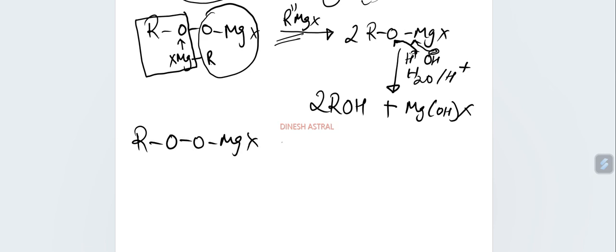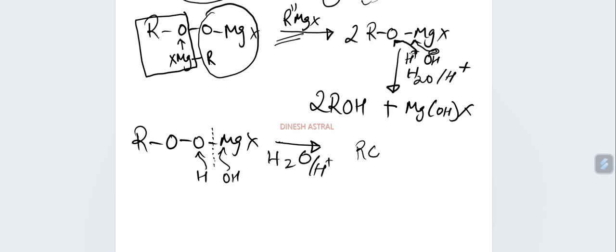ROMgX, if it is directly treated with water in presence of acid, it means acidic hydrolysis. Here one hydrogen will bind up with this oxygen, and OH will bind up with this magnesium.